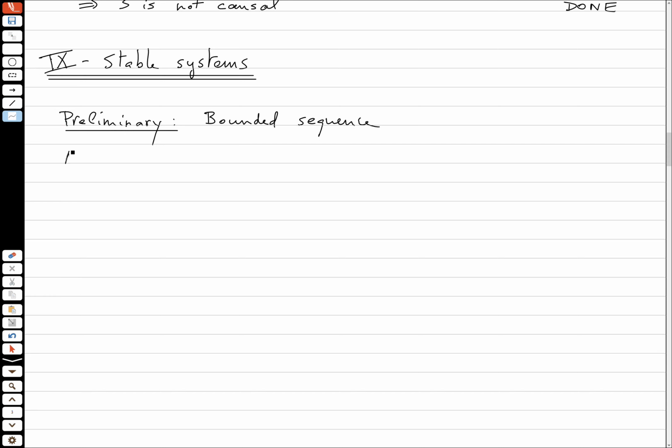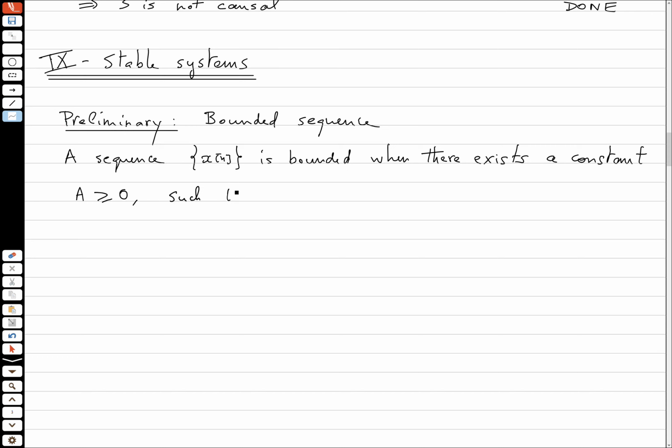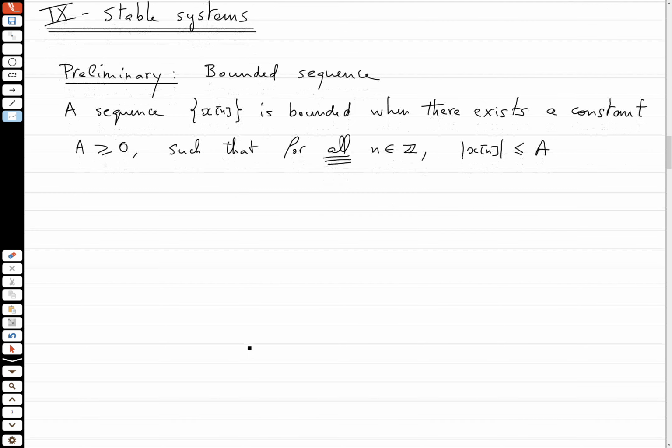So a sequence x of n is bounded when there exists a constant A, positive, such that for all, that's very important, for all n, x of n in absolute value is less than A. That's the definition of a bounded sequence.